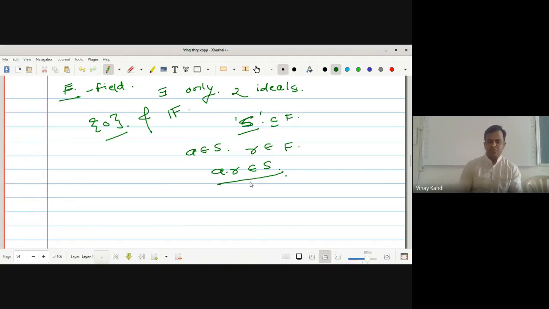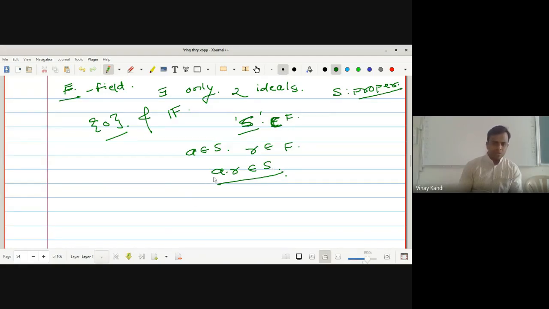So this is the definition of ideal. If a belongs to S and r belongs to F, then a into r belongs to S. Okay, if S is a proper ideal, proper ideal means what? S is not equal to singleton 0 and not equal to F. So S is properly contained in F.